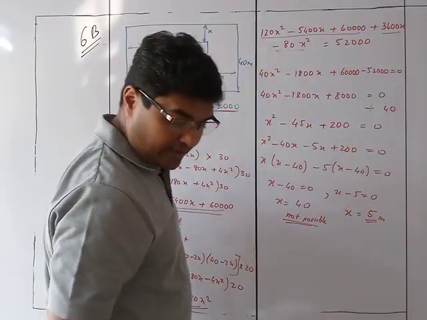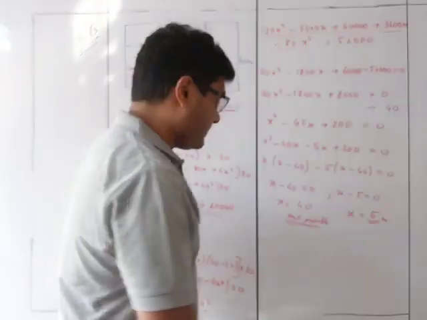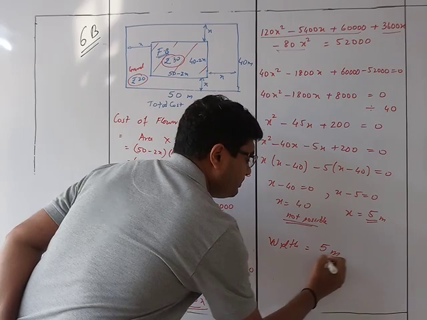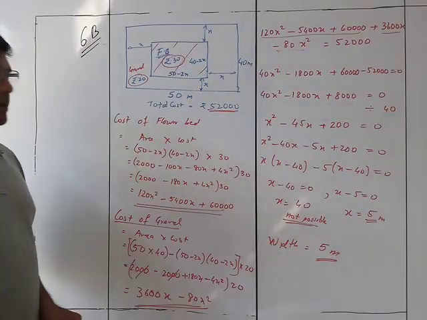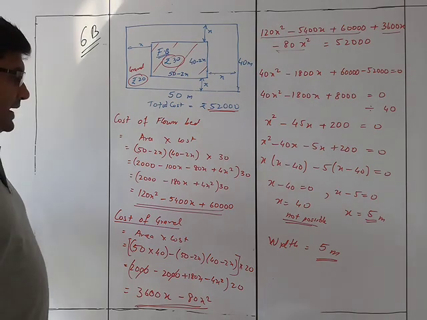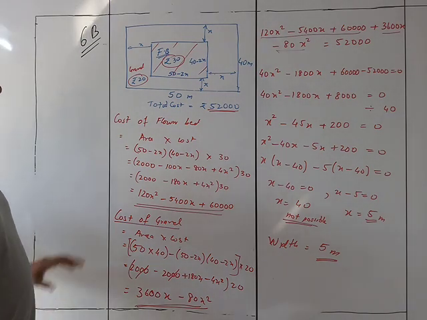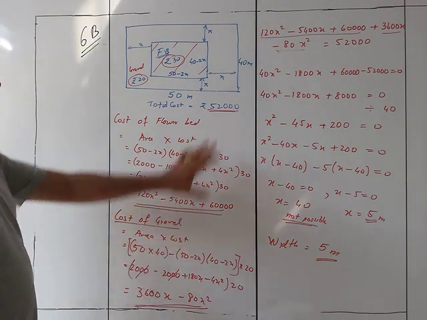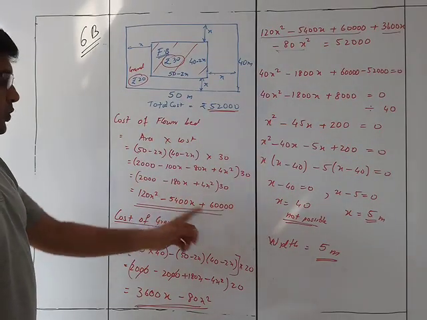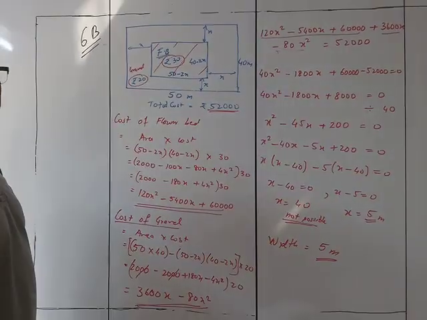So what is the question they asked us? Find the width of the gravel path. So width is equal to 5 meters. A very, very important sum, because the calculations over here are going to be complicated. A simple mistake of zeros over here will land up into problems.